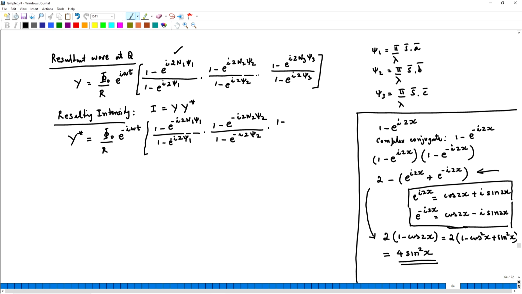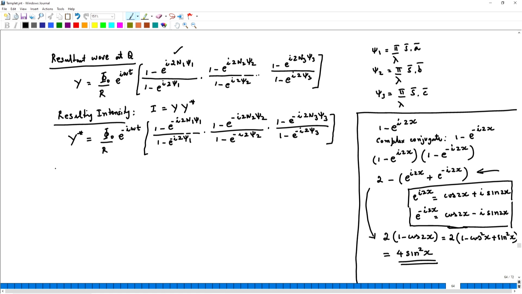Third one, 1 minus e to power minus i 2 n3 psi 3 divided by 1 minus e to power minus i 2 psi 3.